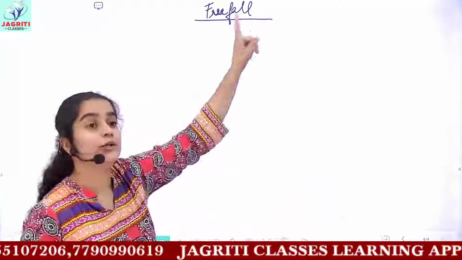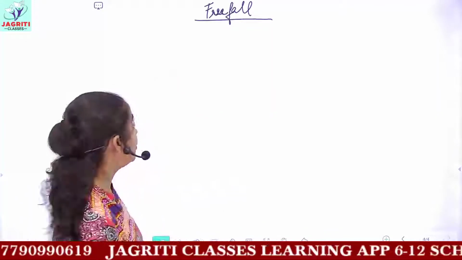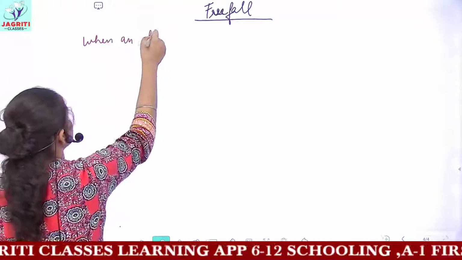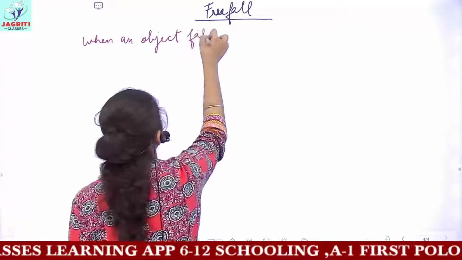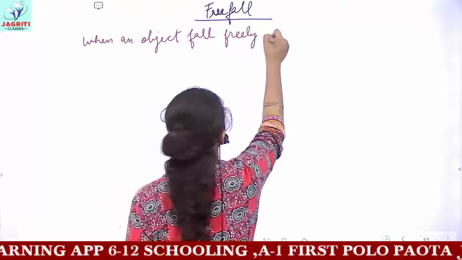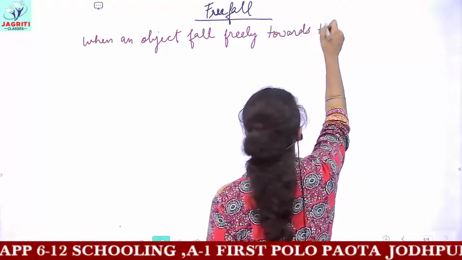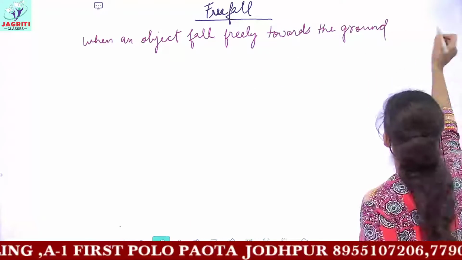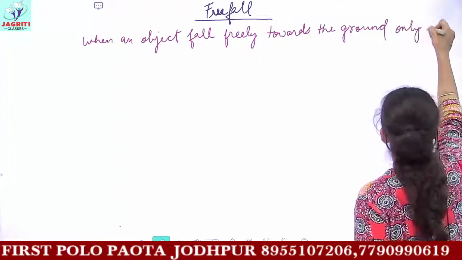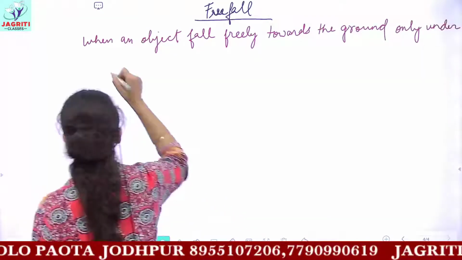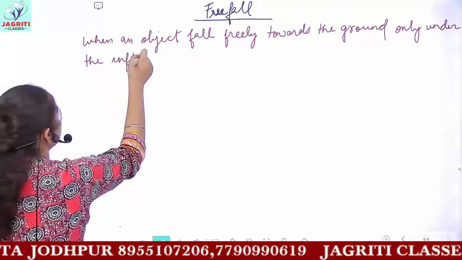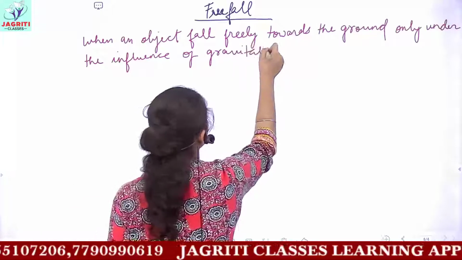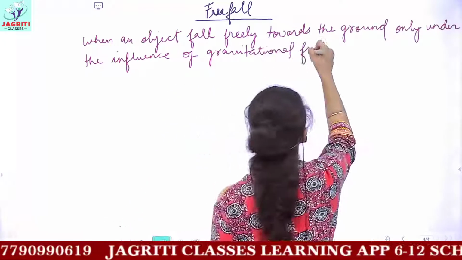And for free fall, you have to remember just one condition, or I'll write its definition. Free fall means when an object falls freely towards the ground, or you can even write towards the earth, only under the influence of gravitational force.